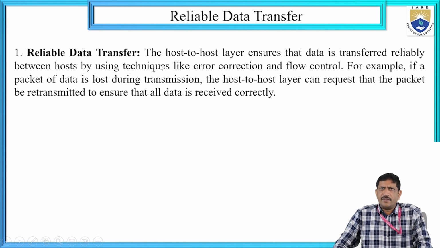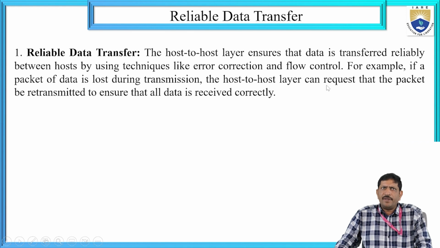Reliable data transfer. The host to host layer ensures that the data is transferred reliably between hosts by using techniques like error correction and flow control. If there is any error in the transmission, it can be corrected, and flow control can be done using these reliable transfers.